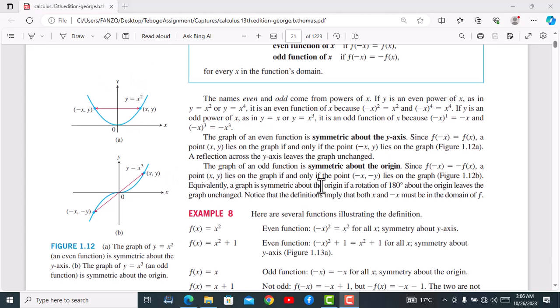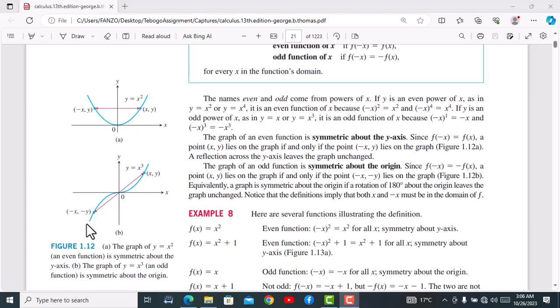Right, so here we are, we are saying equivalently a graph is symmetric about the origin if a rotation of 180 degrees about the origin leaves the graph unchanged. And we know that when we rotate this point, remember we rotate it 90, it is in here, x is negative, y is positive, and you rotate it another 90, it is in there where both x and y are negative.